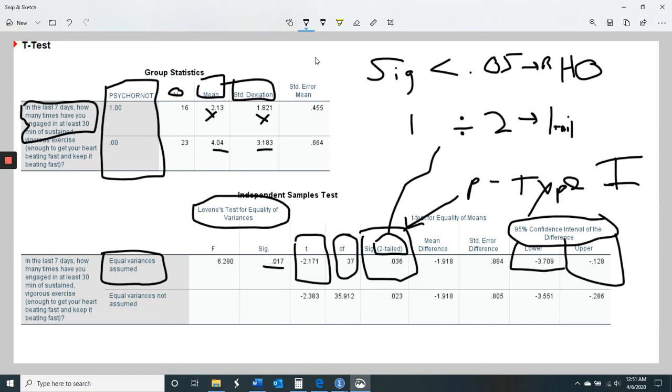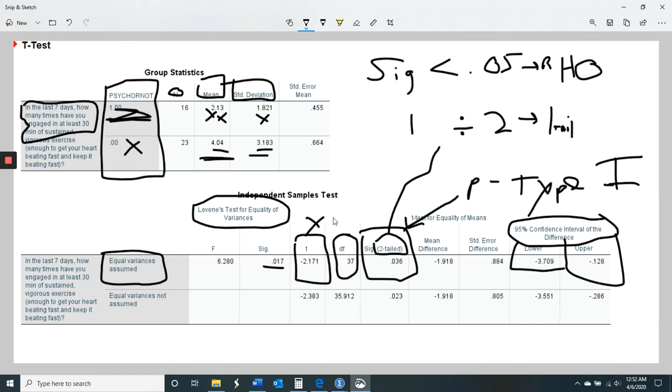So if I were to interpret this, because remember, it's significant, so there is a difference, I would say that psychology majors (mean equals 2.13, standard deviation equals 1.82) got less exercise than not psych majors (mean equals 4.04, standard deviation equals 3.18), t.